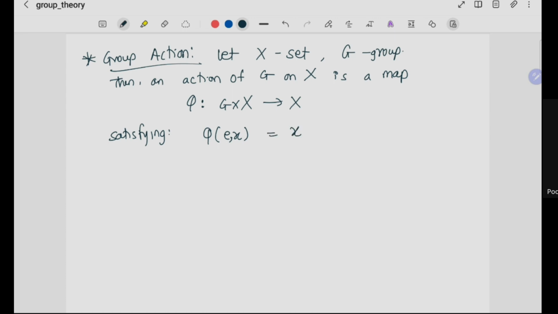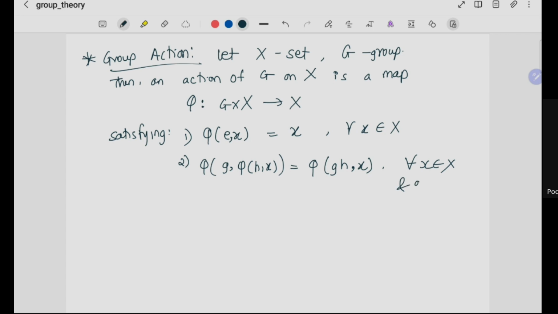That is, when the identity element acts on x, it again gives us x for any x. And the second condition is that phi of (g, phi of (h, x)) is phi of (gh, x) for all x in X and g, h in G.